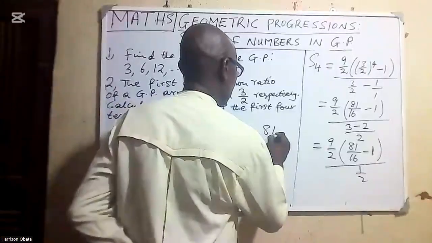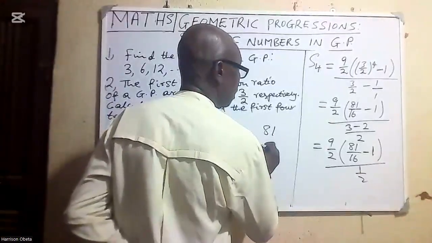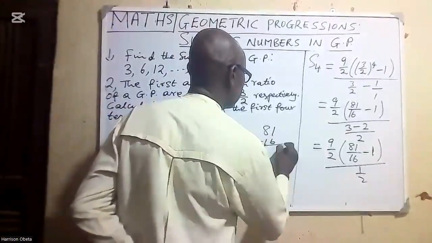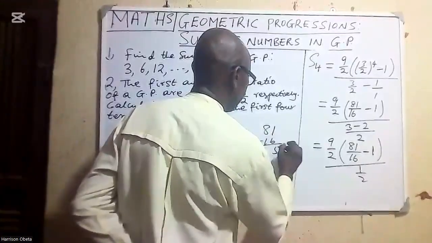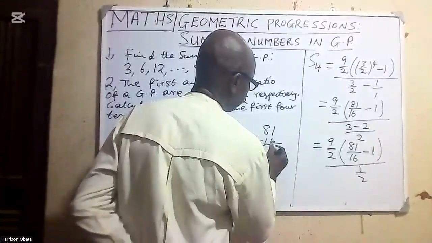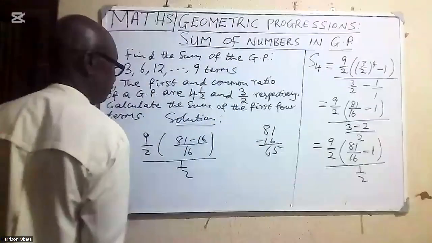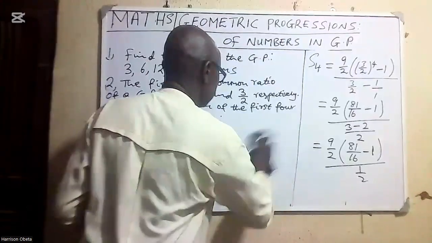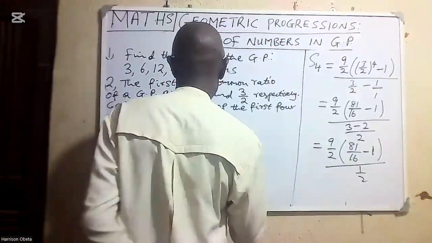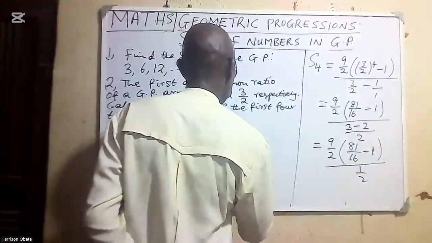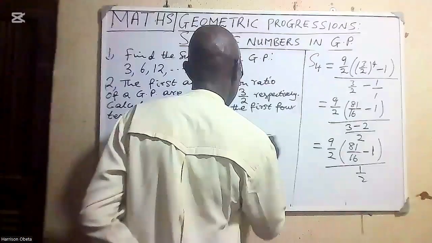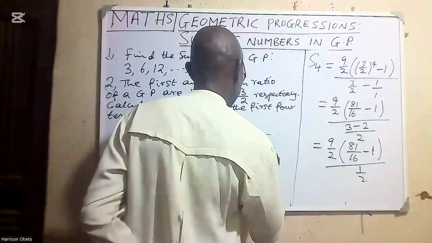Now, 81 minus 16 will give us 65. So that would be 9/2 bracket 65/16. Then we are dividing by half.